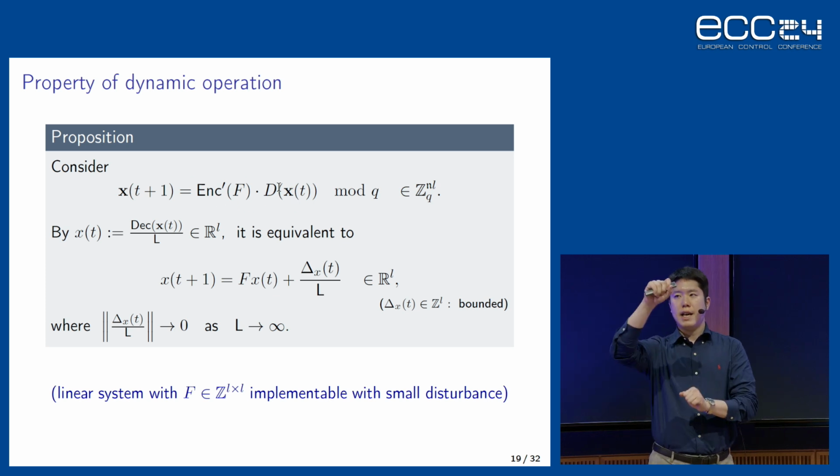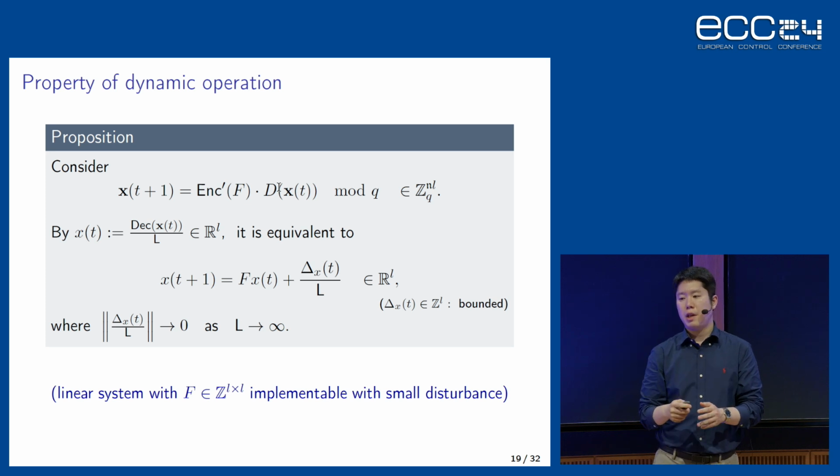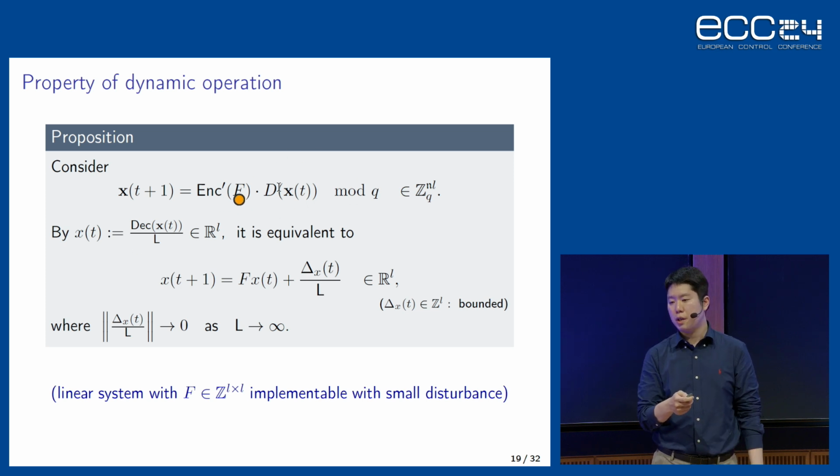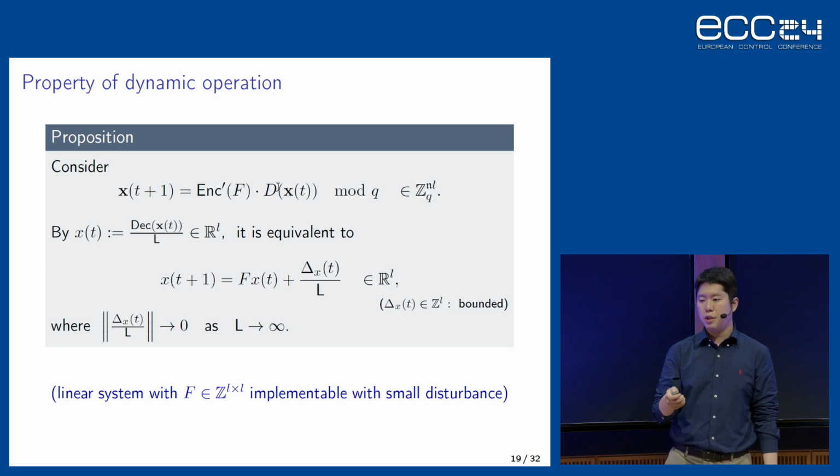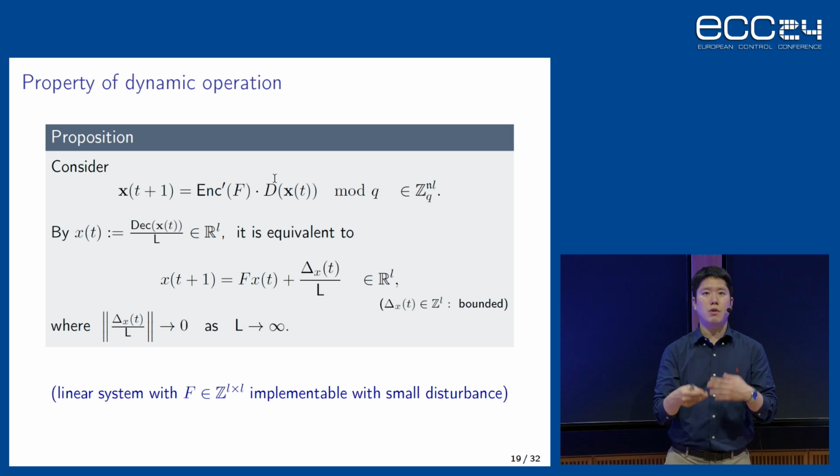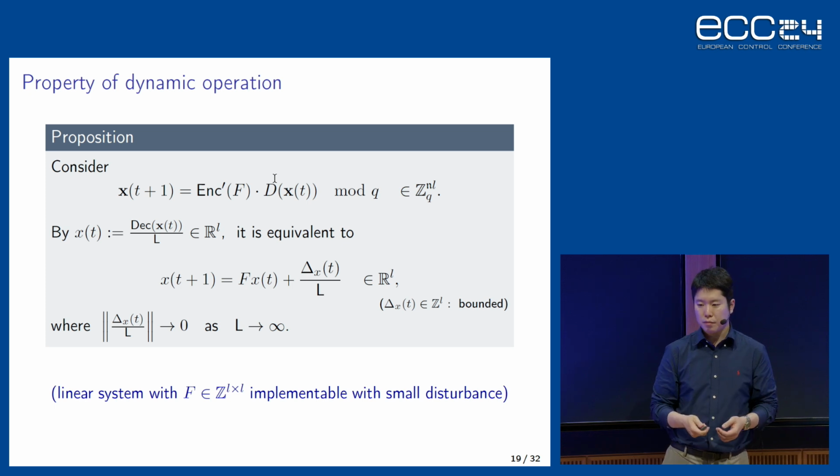The ciphertext X is kept as an LWE type encryption, so that it can be decomposed and then multiplied by the GSW type encryption. Then it results in an LWE type ciphertext, so that it can be used again and again for the encrypted multiplication, so that running this dynamic system over encrypted data is possible.